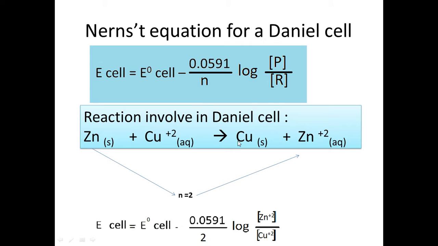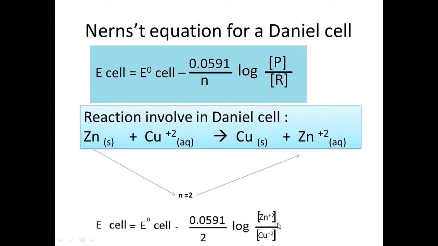Because in the equilibrium expression we consider solid and liquid reactant and product as unity. Okay, that's why we do not include this Cu solid in the expression of the Nernst equation. We include only Zn2+ ion concentration and Cu2+ ion concentration. Okay, in examination, this concentration will already be given in the bracket.